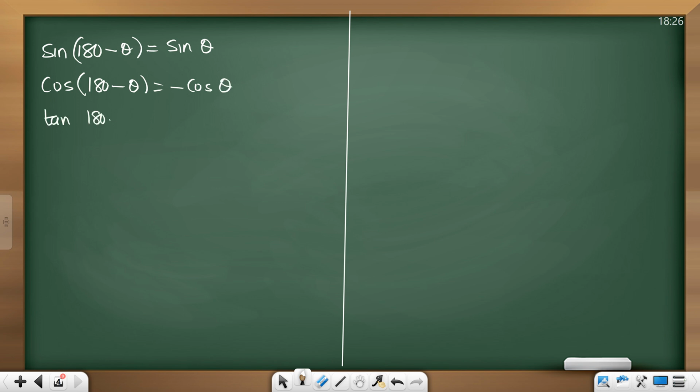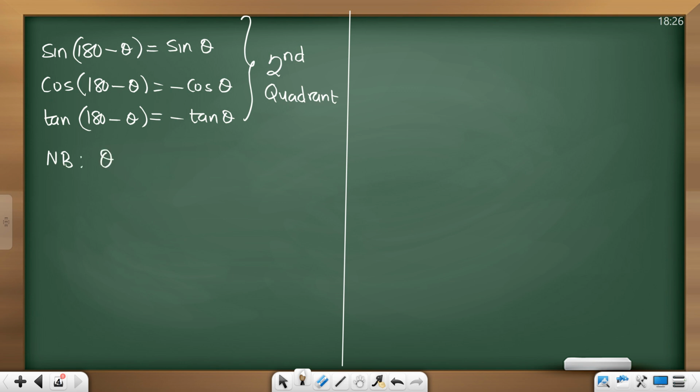Tan 180 minus theta is basically the same as negative tan theta. And remember, this is my second what? Quadrant. I want us to quickly prove this. Nota bene, theta is an acute angle smaller than 90 degrees.